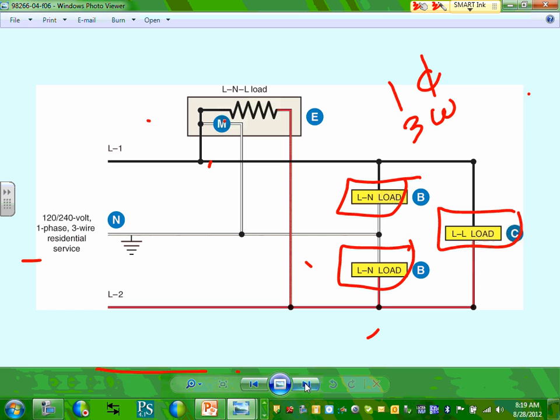So the most important thing to understand: if I have 20 amps here and 20 amps here, 20 amps came into this one, and out of the 20, I have 10 amps here, and on this load, out of the 20, I have 9 amps here. So I have another 9 amps here.